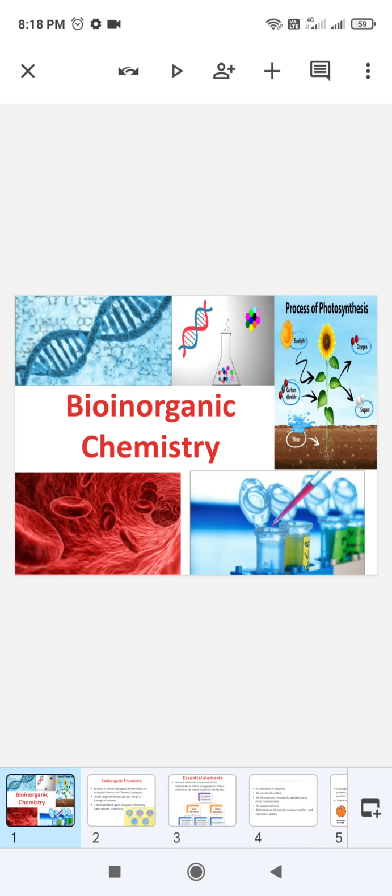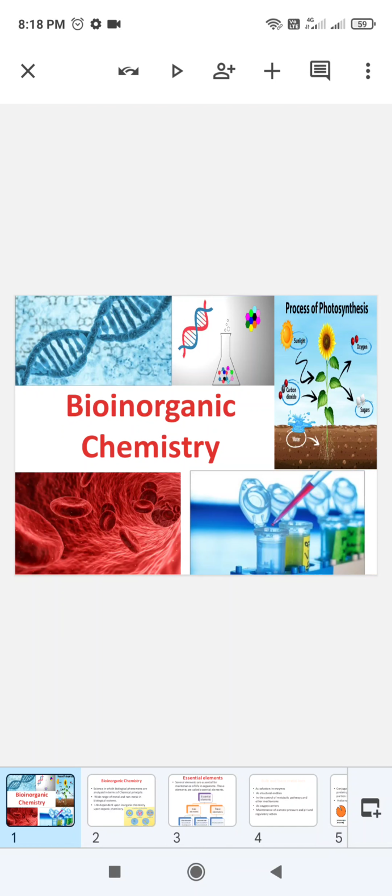We know that all the biological molecules are mostly organic compounds, and there are recent studies on biological molecules and biological activities, and the energy required for the life process.